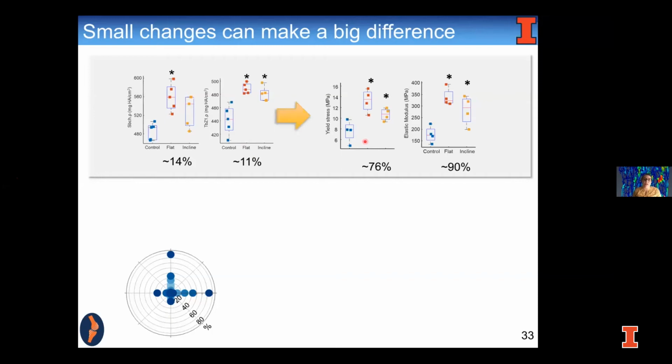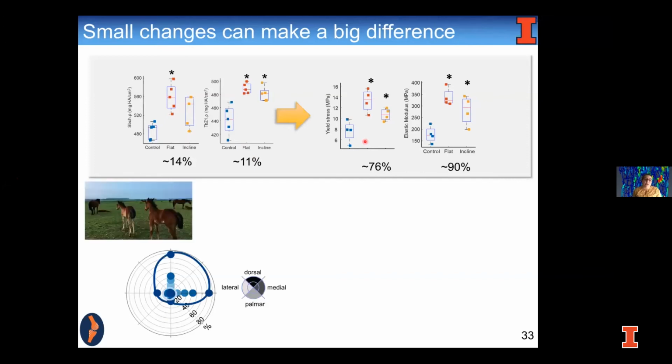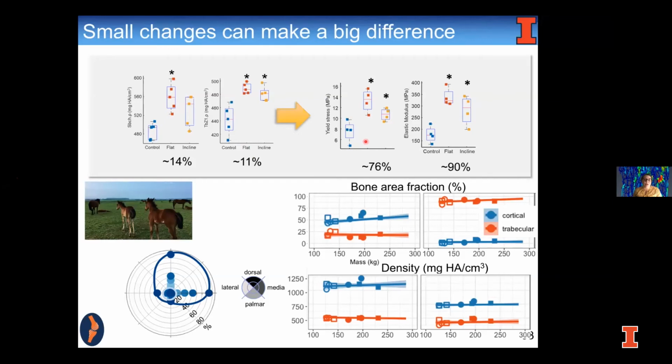So increases on the order of greater than 70%, as you can see here, for both the yield stress and the elastic modulus. And the reason we're excited about this is because if we think back to the horses and whether or not our exercise data has an impact, whether or not these small changes that we see, while these data points are just barely off of our control line, these might actually have some meaningful effects in terms of mechanical properties.